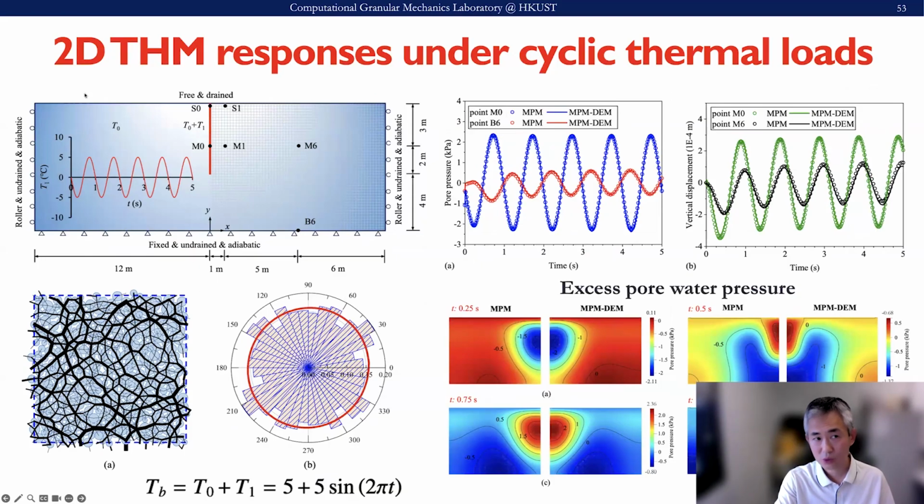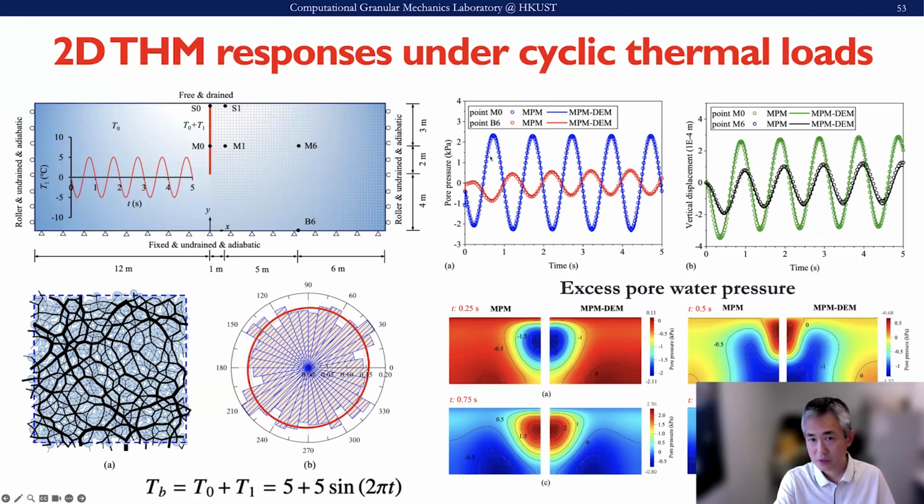Okay, at the ground surface there is free draining. And we inserted different monitoring points here. So these are the monitoring points at the surface, S0 and S1, and in the deeper part we have M0 to M6 here.